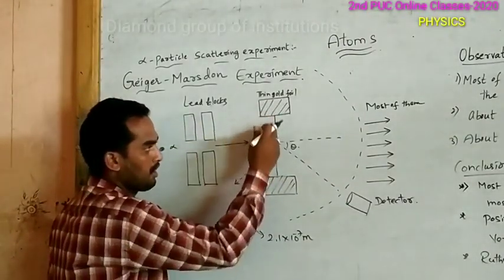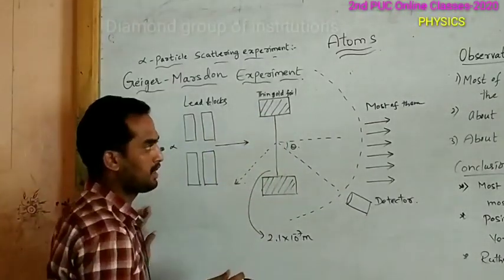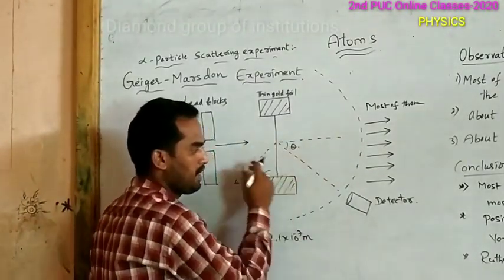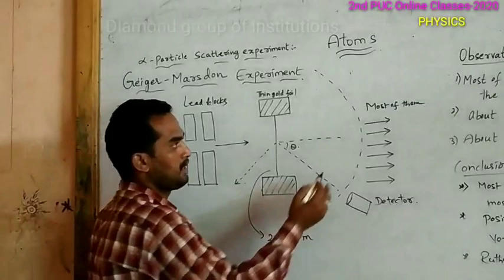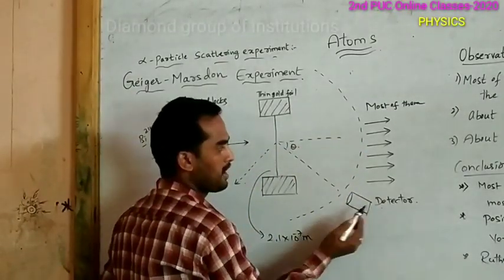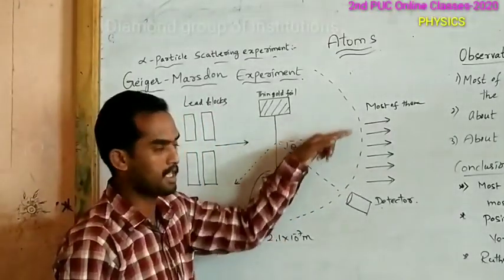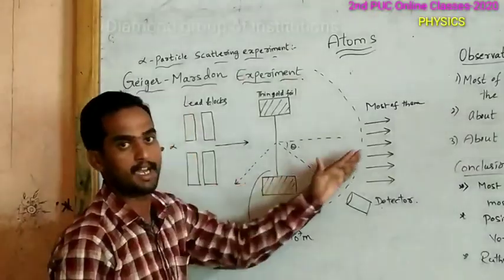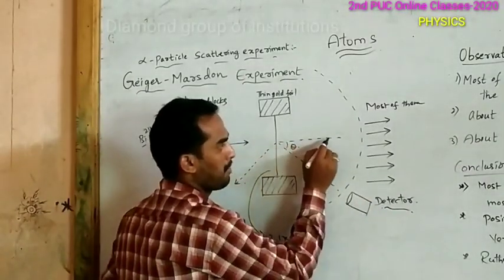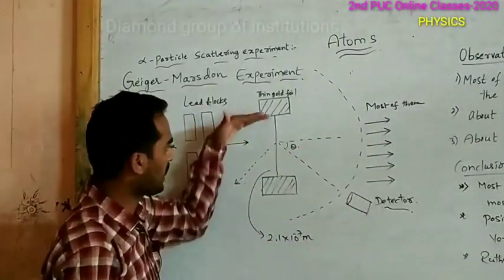After passing through the screen, we can see that a number of alpha particles are moving in different directions. And see this, there is a detector. This detector detects at what angle the alpha particles are scattered.